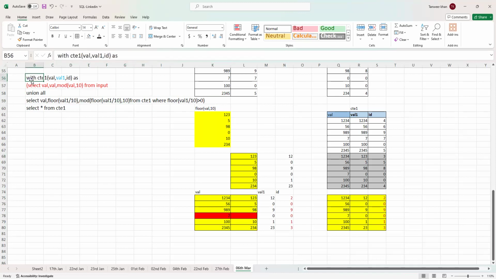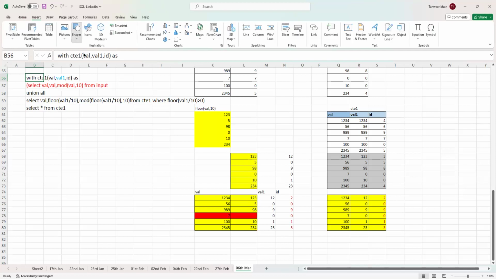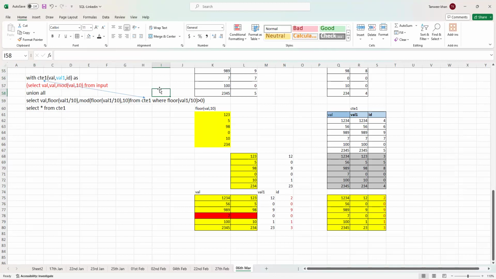You are constructing this CTE, and within this CTE you are calling the same CTE. Because of this, the same query is executed again and again, and this happens only with a recursive CTE. In no other keyword or concept in SQL does this happen.